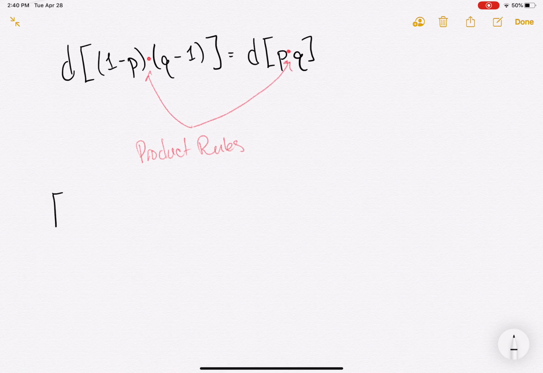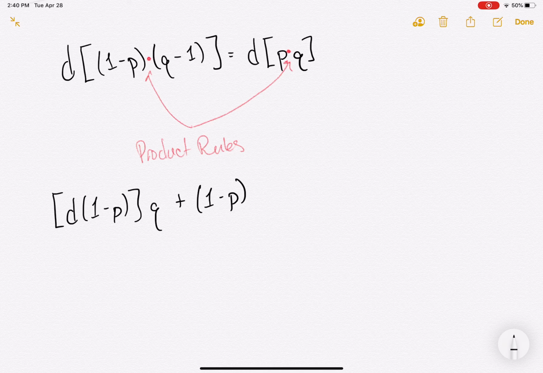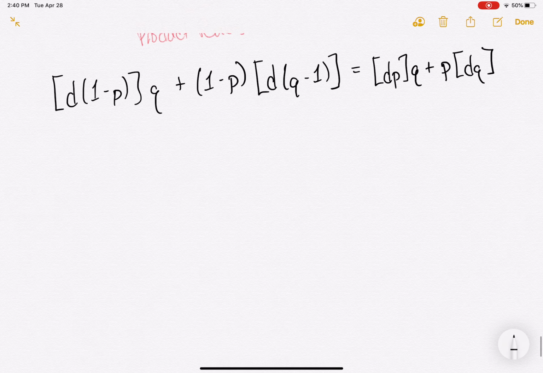So that's going to say we get D of (1 minus P) times (Q minus 1) plus (1 minus P) times D of (Q minus 1) equals dP Q plus P dQ. Really rewriting this, the derivative of a constant like 1 is still 0.